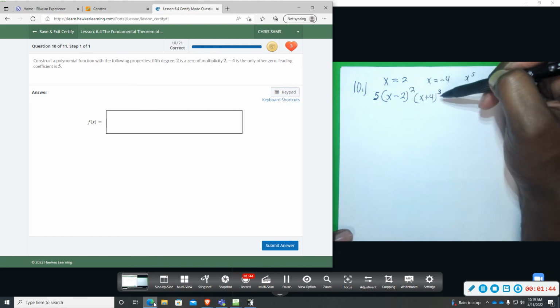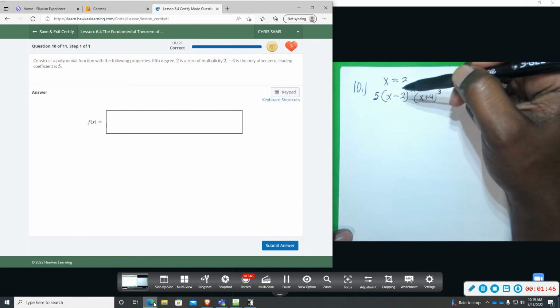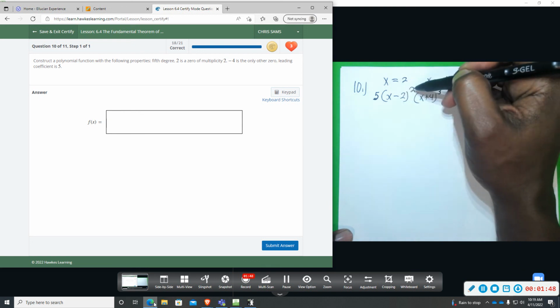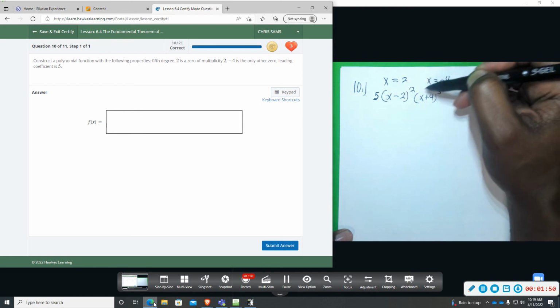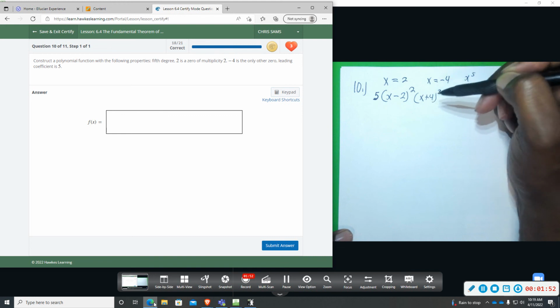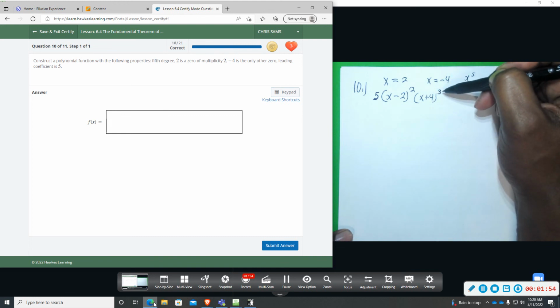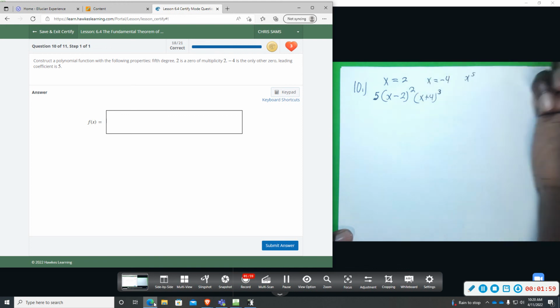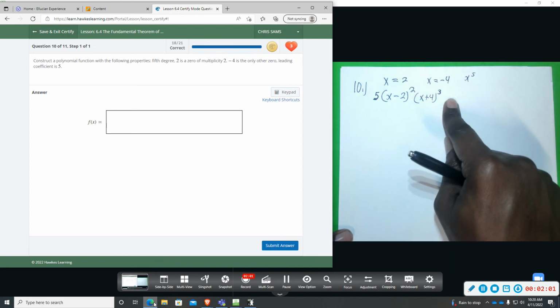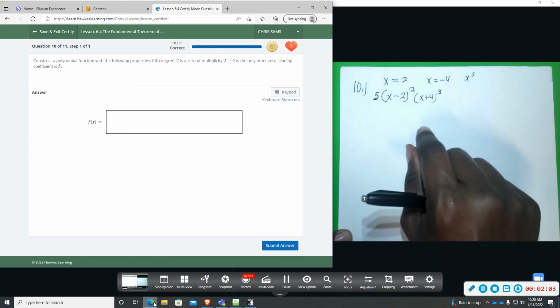Even though they don't say it, they let you know that you have a fifth degree. They tell you one of them in its multiplicity, and then they say this is the only other 0, which leads you to the conclusion that it has to have a multiplicity of 3 in order to get 5. All right, so here's your setup, and then from here we're going to multiply this all out.